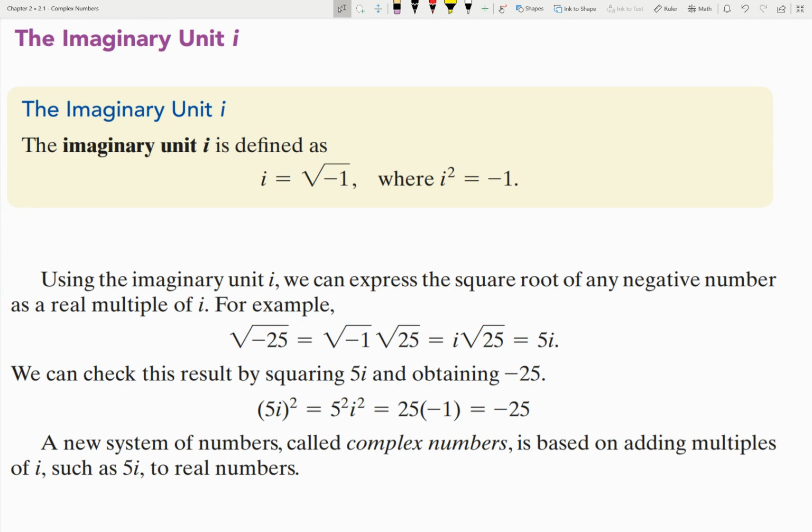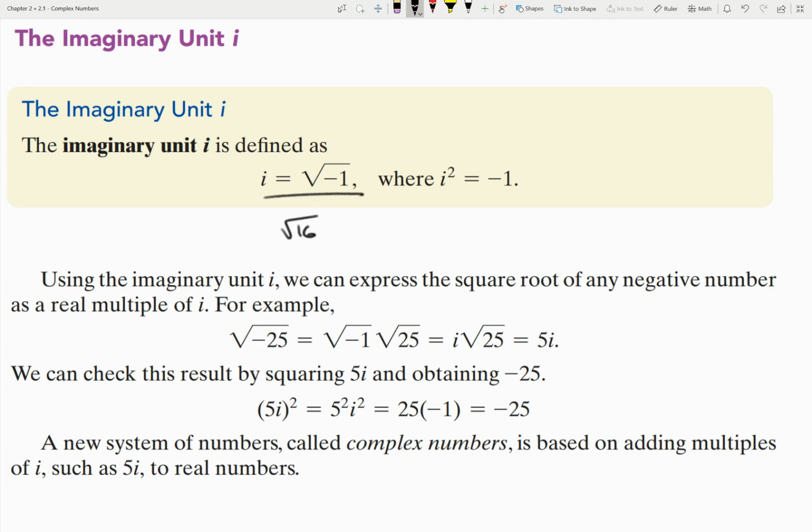Any discussion about complex numbers has to start with the imaginary unit i, okay? The imaginary unit i is defined as the square root of -1. If we think about what square roots mean, if I want to find the square root of 16, I'm asking what two numbers multiply together to give me 16: 4 and 4.